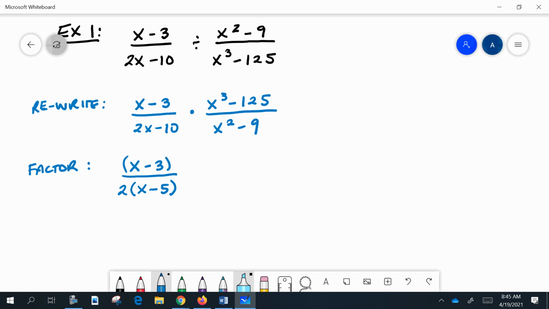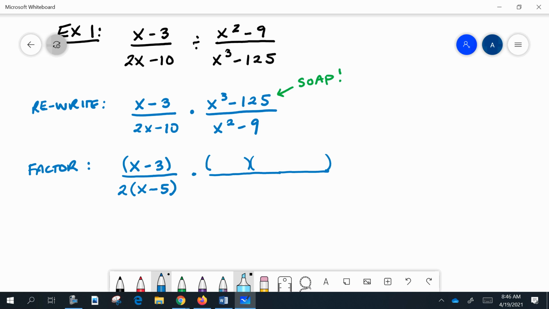Now, this numerator right here, we need to remember the type of factoring for cubes. What we do here is factor this x cubed minus 125 into a binomial and a trinomial. We nicknamed this the SOAP factoring, where the signs go same sign, opposite, always positive. We can look back in our notes if we need to, but I'll walk you through it.